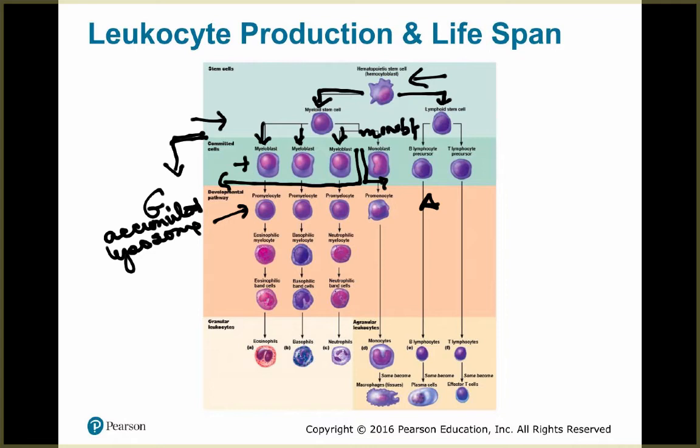So these myelocytes are going to start accumulating granules. And from there, the band cells will start getting these nuclei that form these curved arcs.